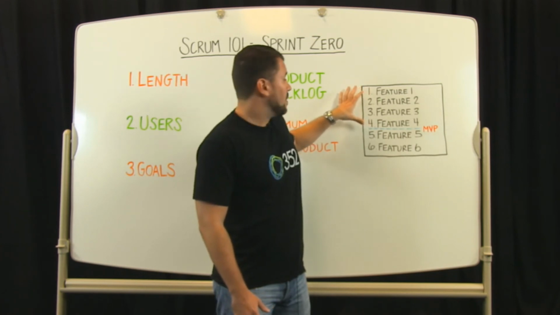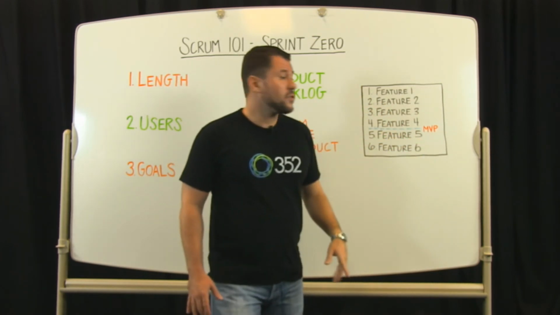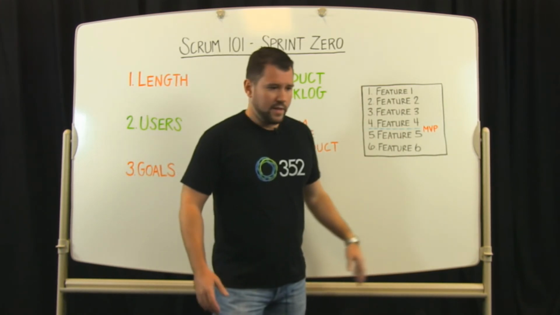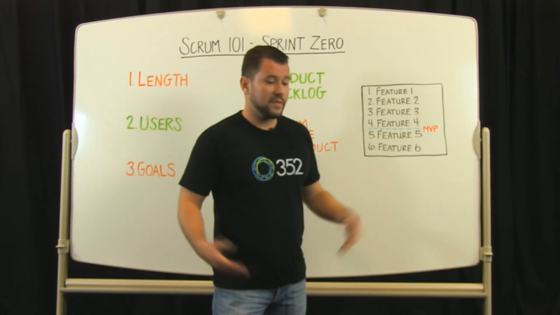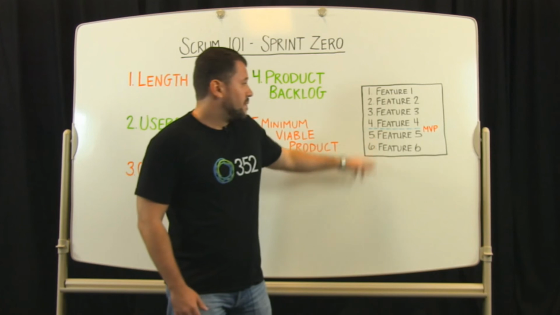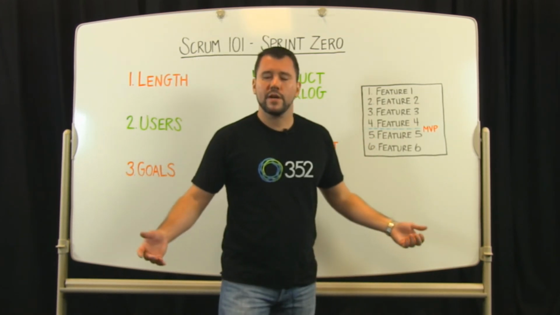That set of features and backlog items will make up your minimal viable product, and that's what you're going to bring out to market at the end of the engagement, at the end of the initial sprints we've set out to engage in. And the rest of the features become future backlog items for other iterations.